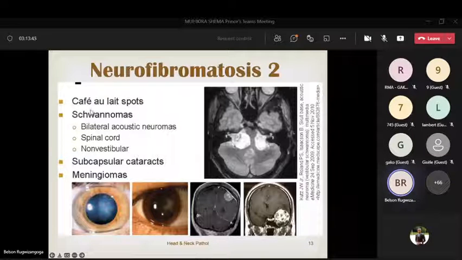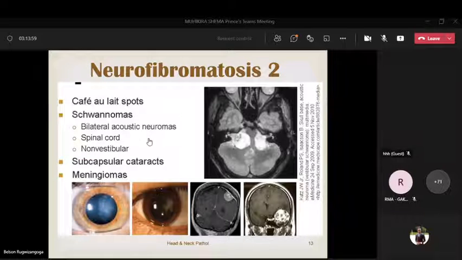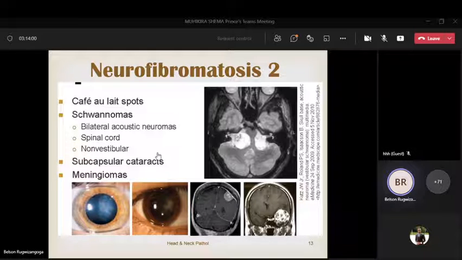Subcapsular cataract, meaning a cataract just beneath the capsule of the lens, and they also develop meningioma. So you see that neurofibromatosis type 2 tends to be associated with tumors in the intracranial area, while the other one was just around the skin, neurofibromatosis type 1.